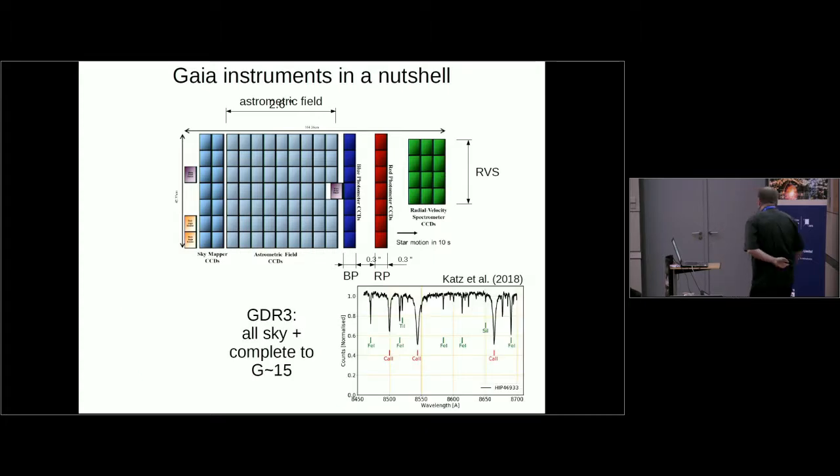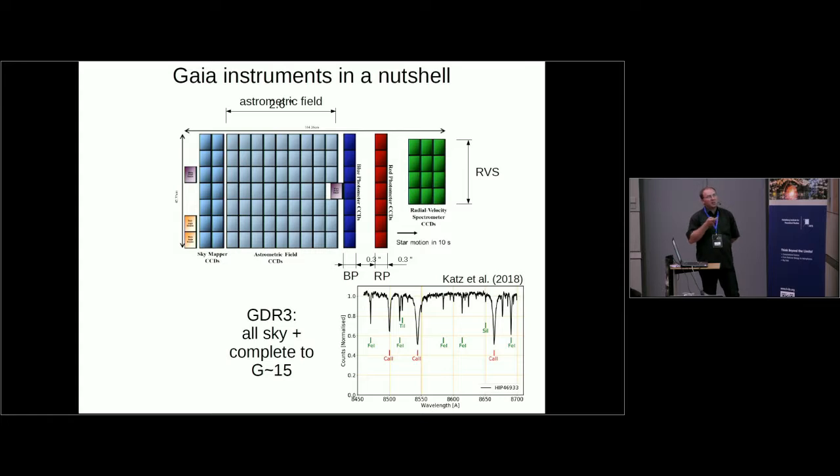And then finally, we have the RVS spectrograph, which uses a grating, with something like 11,000 resolution. Its primary objective is to measure the radial velocities. Here's a typical example of such an RVS spectrum that has been used in DR2. They're not yet public, but of course they have been used to publish the radial velocities in DR2.